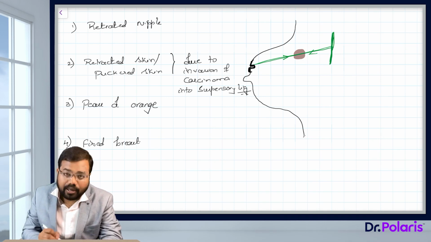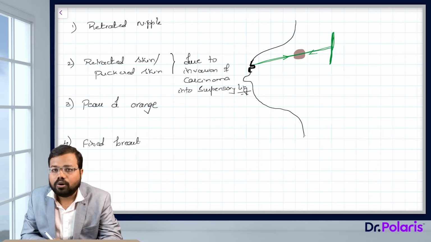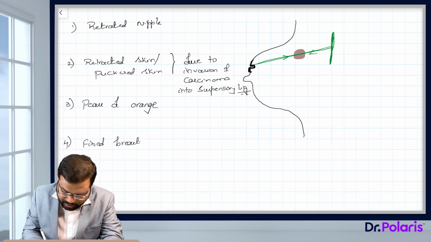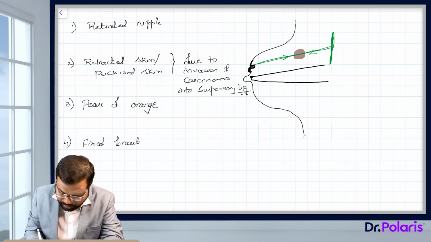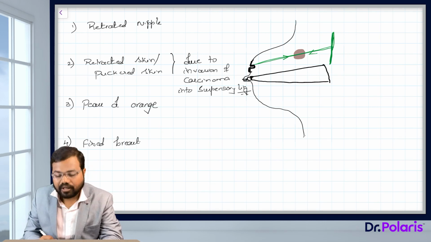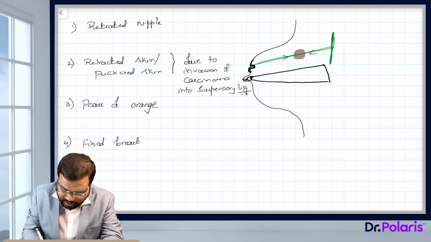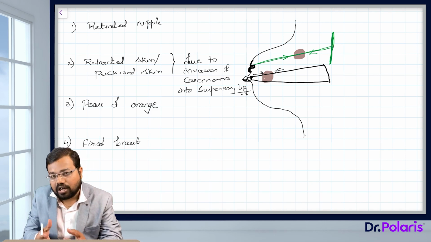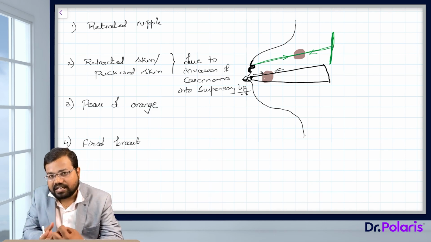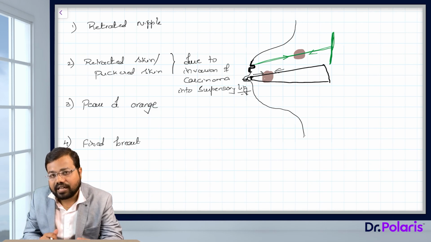But instead of the suspensory ligaments of Cooper, if it affects the lobes, this is one lobe, and here is the lactiferous sinus with its duct. So the same carcinoma, if it affects the lobe, causes the retraction of the nipple, because the carcinoma causes fibrous tissue that will retract that lactiferous duct and sinus backwards.